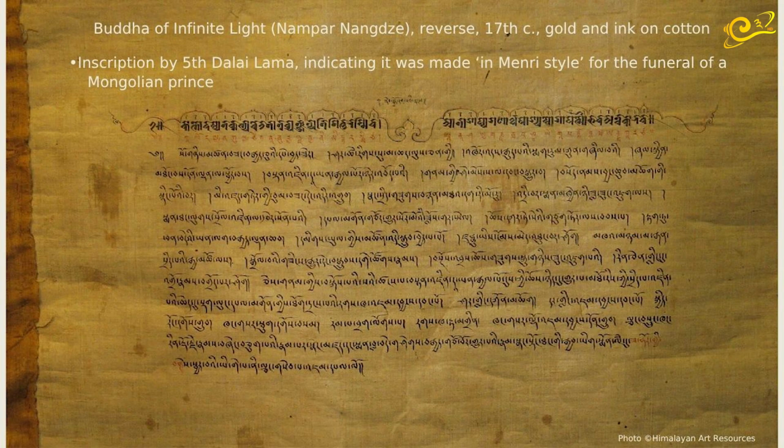But if we turn this tanka over, there's a very long inscription by the 5th Dalai Lama. And in it, he says that this painting of Nampar Nangze was made in the Menri style for the funeral of a Mongolian prince. So it's actual evidence of what style was being used in the painting, in an inscription that was made at the time of the painting's creation.